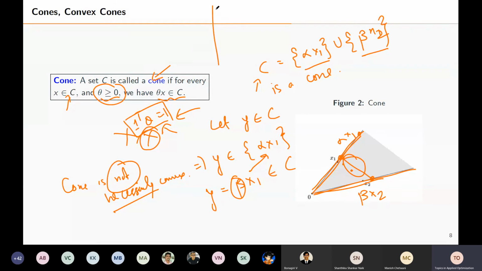Okay. So let us say this half space. Okay. So you take this, then they form a cone, and they are also convex.